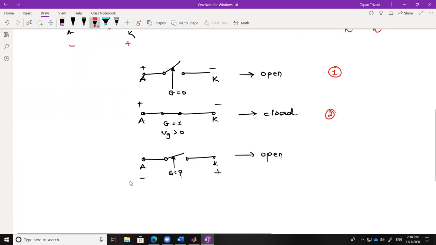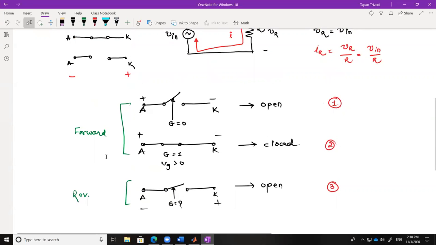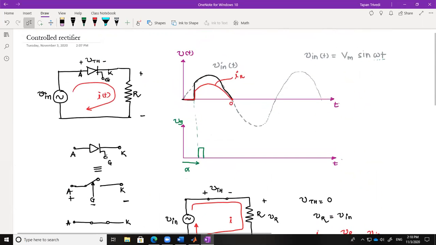Three, you apply positive at cathode, negative at anode, that means you reverse bias it. So the first two conditions pertain to forward biasing, and this condition pertains to reverse biasing. But the switch is closed in only one case, whereas it is open in the other two cases.